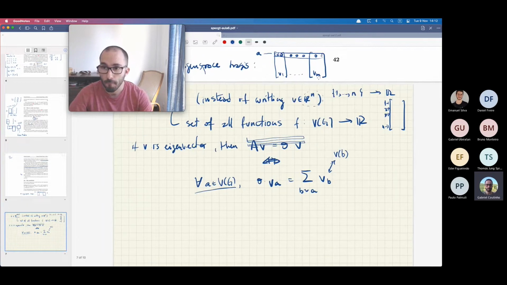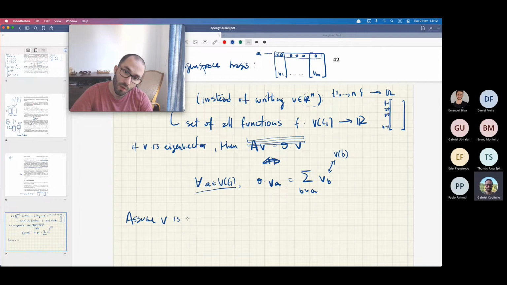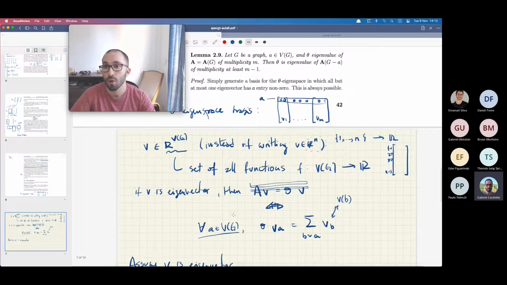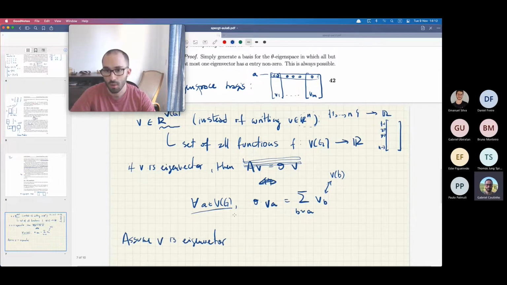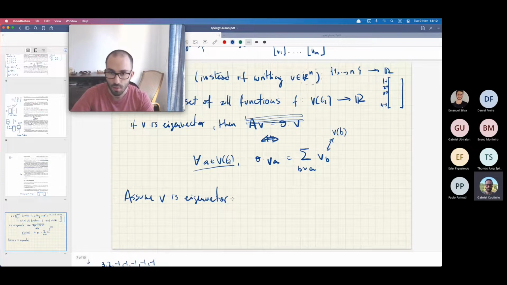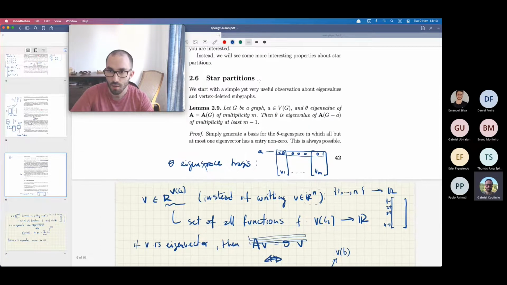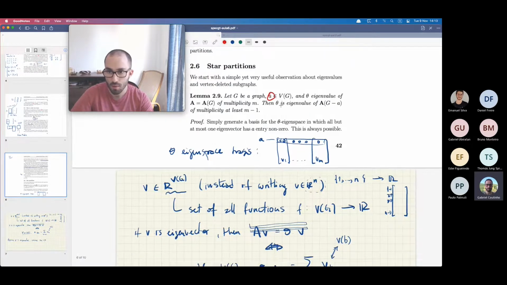Now pick one of these eigenvectors. So assume v is an eigenvector, exactly as we have here, and assume v_A is equal to 0. Now this A here is exactly this A here, just so that it's clear.